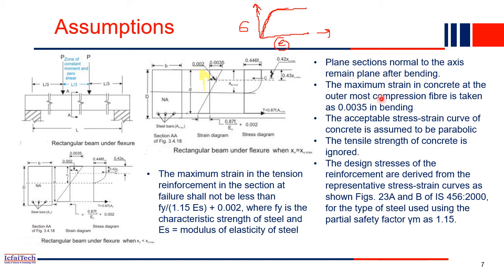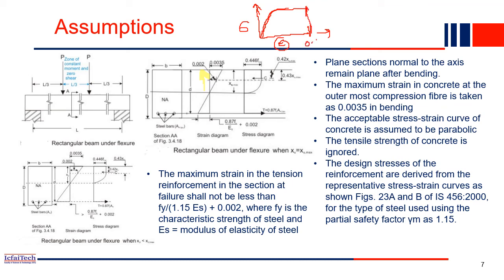Second assumption is the maximum strain in concrete at the outermost fiber is taken as 0.0035. That means the maximum strain in concrete developed is 0.0035. If you see the stress strain curve of concrete in IS 456, Indian code 456, maximum strain will be 0.0035. So maximum strain is here. Here the collapse happened, so maximum strain corresponds to here.